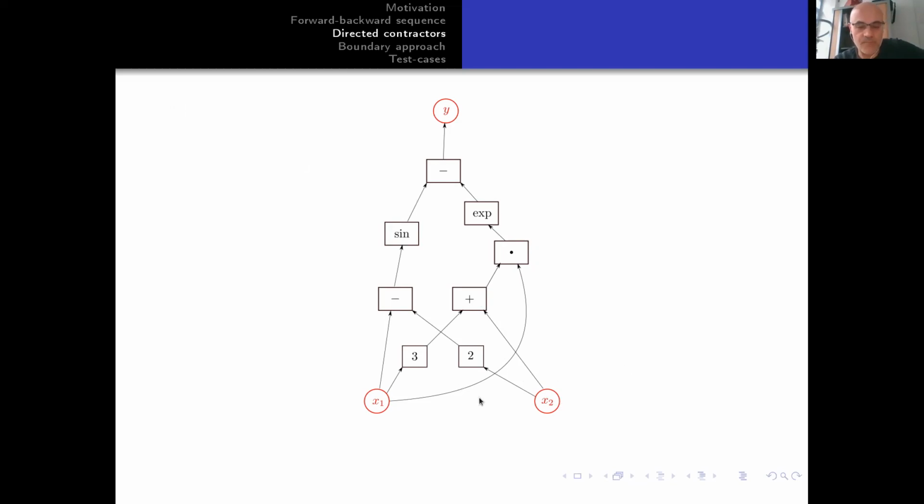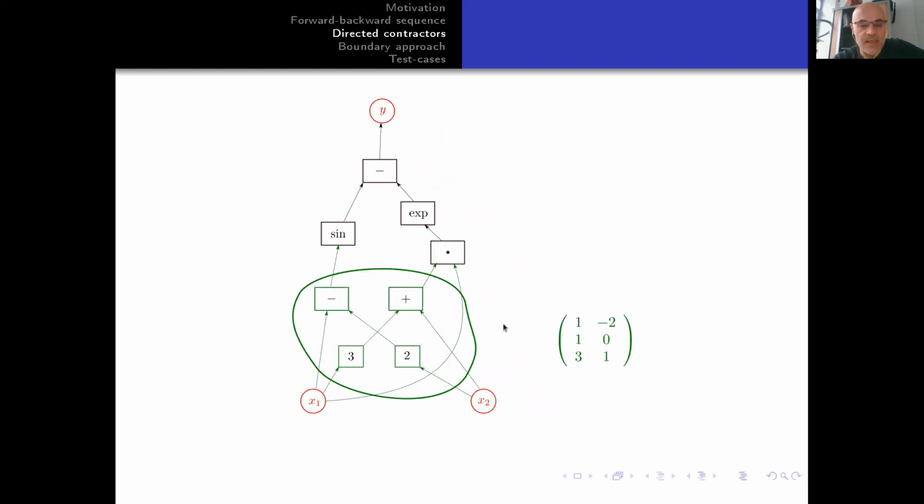So what we do, we start with what we could call the leaves, x1 and x2, and we go forward. So forward and cut, and we will explain why forward and cut. I go forward like this, and I'm still linear. So 3, 2, plus, minus, everything are linear operators.